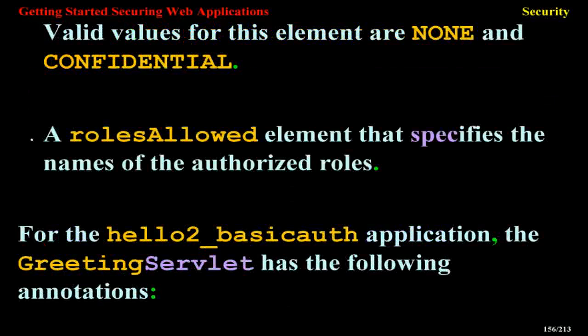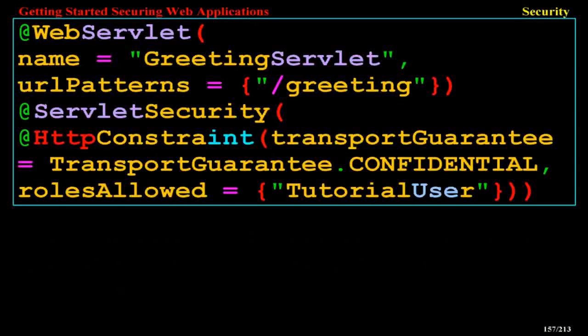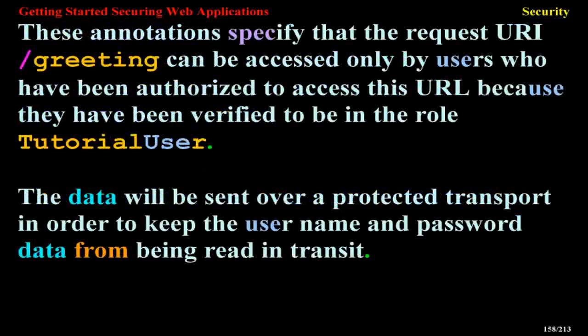For the hello2-basic-auth application, the GreetingServlet has the following annotations: @WebServlet(name = "GreetingServlet", urlPatterns = {"/greeting"}), @ServletSecurity(@HttpConstraint(transportGuarantee = TransportGuarantee.CONFIDENTIAL, rolesAllowed = {"TutorialUser"})). These annotations specify that the request URI /greeting can be accessed only by users who have been authorized to access this URL because they have been verified to be in the role TutorialUser.